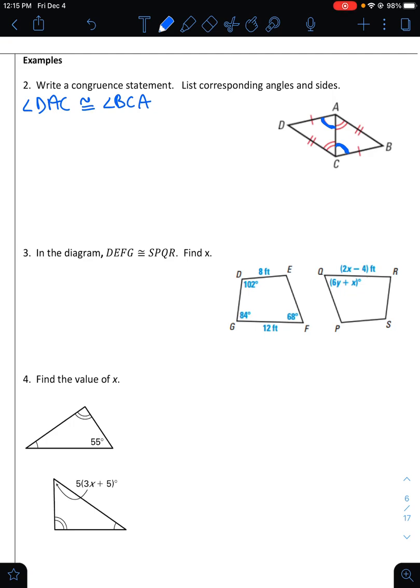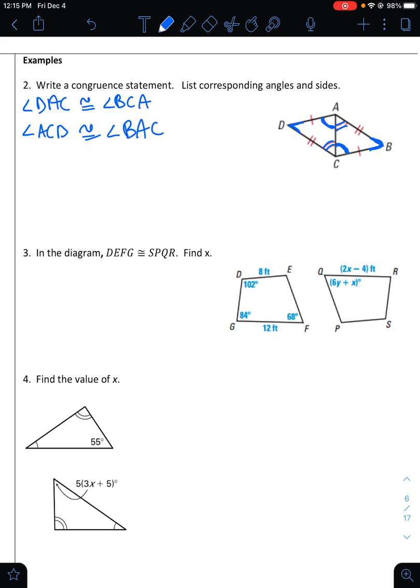Okay, double arc angles. So this one right here is angle ACD, or I could have called it DCA, is congruent to the other double arc. I'll call that BAC. Okay, I can also say that this angle D is equal to this angle B by the third angles theorem.